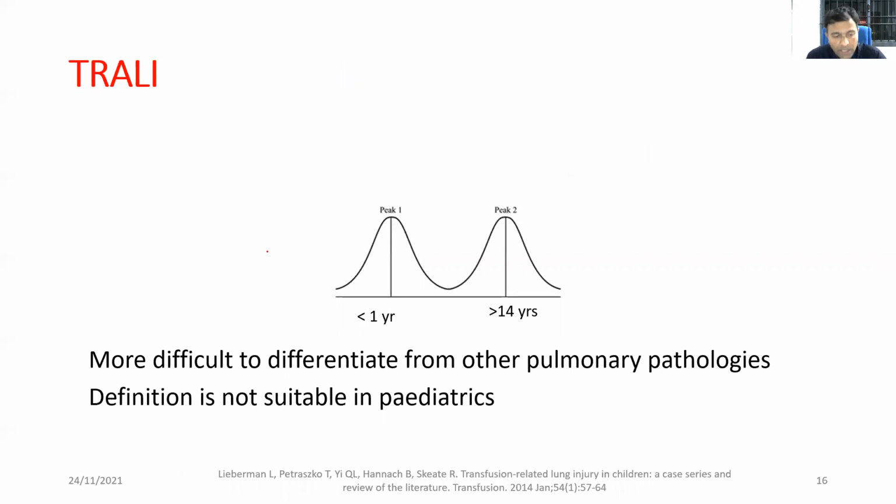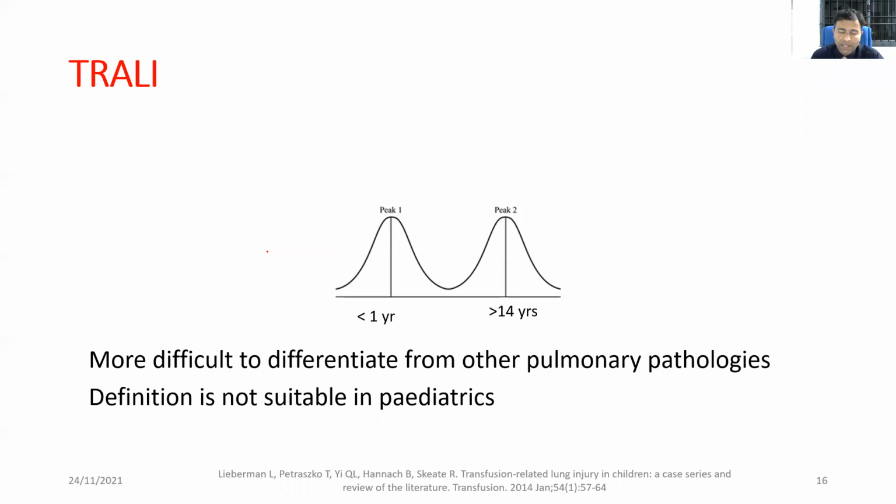TRALI could be a very lethal or severe reaction. However, it is said that TRALI is less common in pediatric patients and infants, but there are two peaks that have been noted: one in infants less than 1 year, and the second peak in those who are more than 14 years.